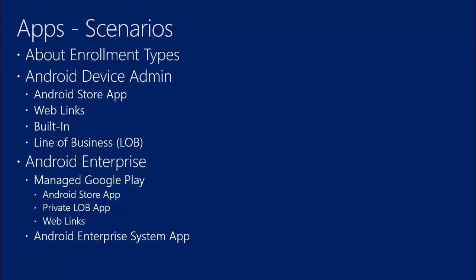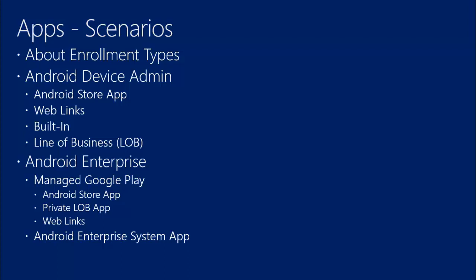Again, not at all going into those because this is not really an enrollment session at all, but just calling your attention to that. I share that with you because we're going to divide this session in terms of app deployment into those two sections. There's going to be the Android device admin, as you see, and there's 4 scenarios under that: the Android Store app, web links, built-in apps, line of business as well.